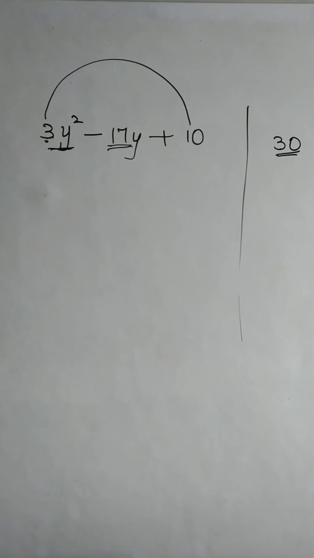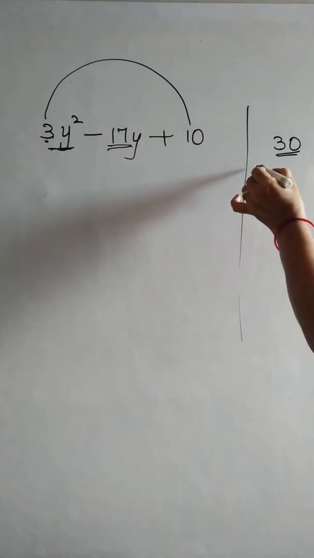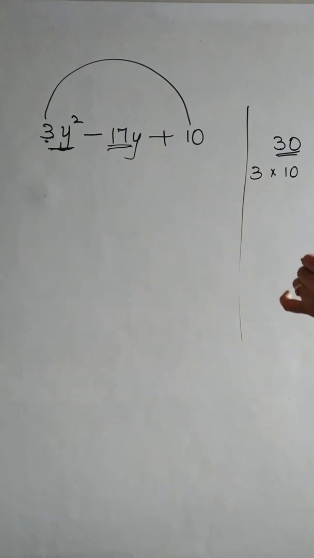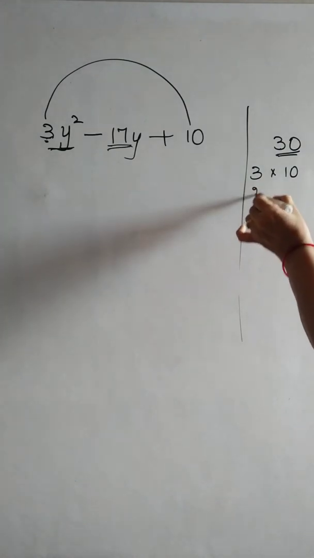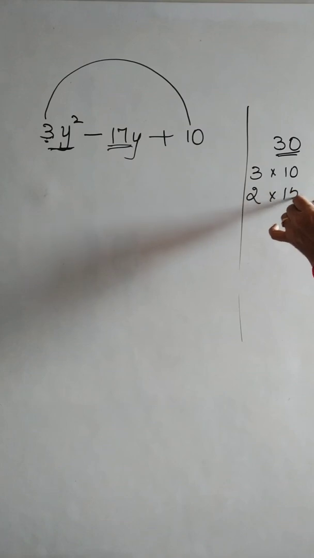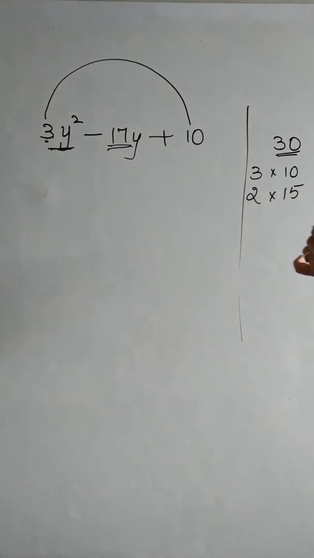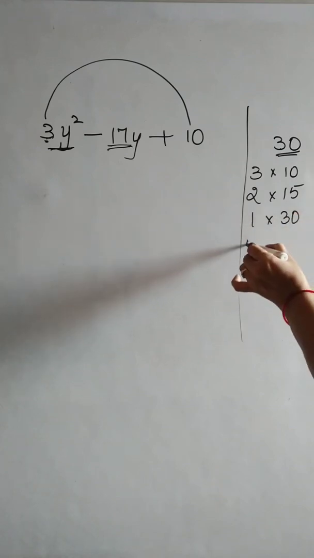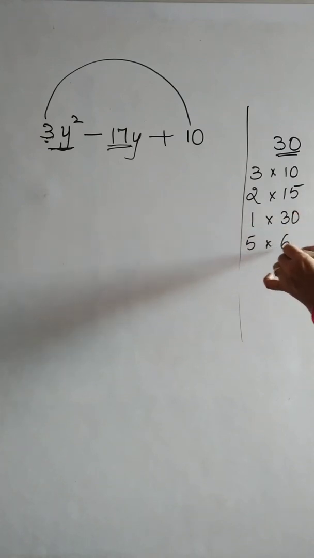Factors of 30 are 3 into 10, 2 into 15, 1 into 30, 5 into 6.